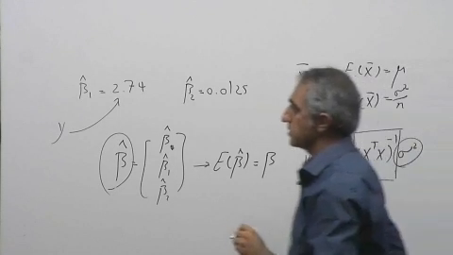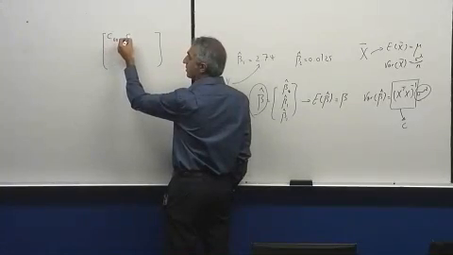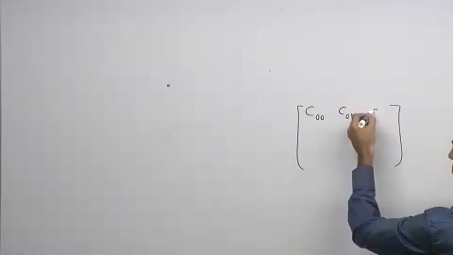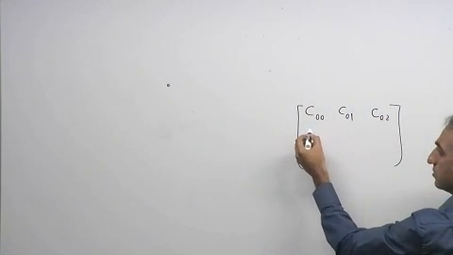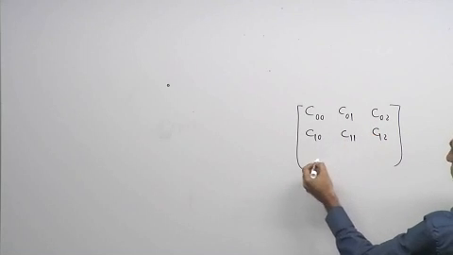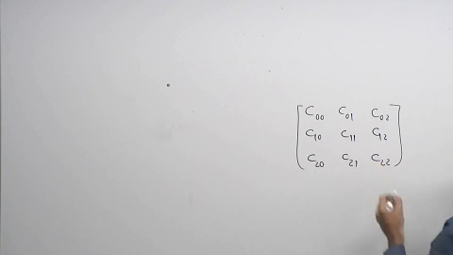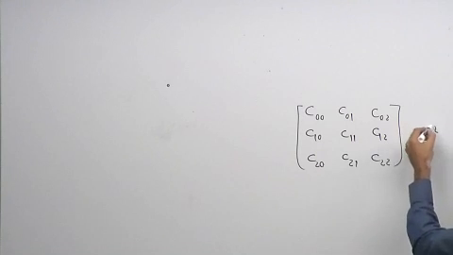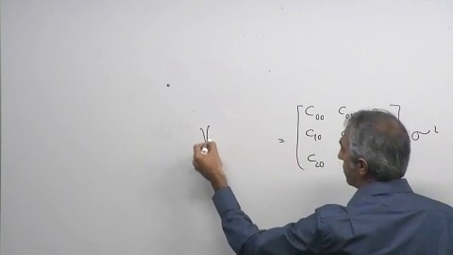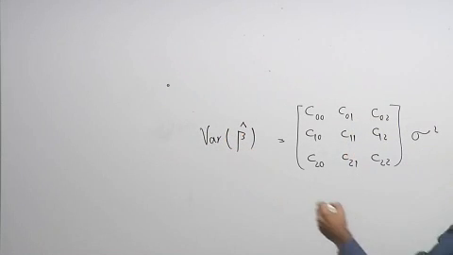This is a symmetric matrix, and the elements are C00, C01, C02, C10, C11, C12, C20, C21, C22. And this is multiplied by sigma squared. This gives you the variance of beta hat. This is a vector.